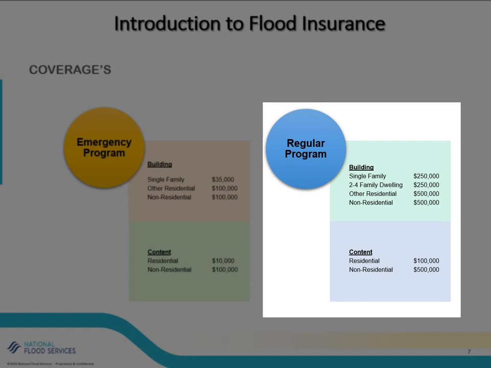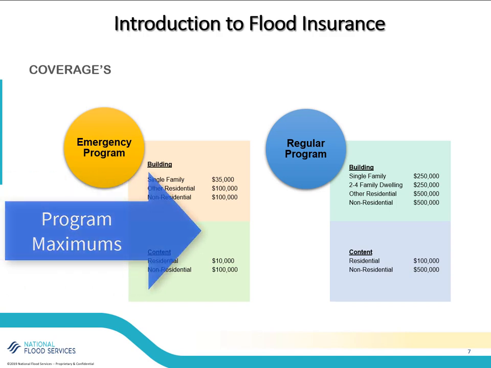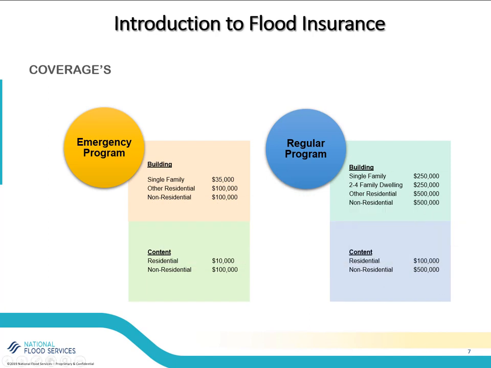Other residential structures as well as commercial structures can purchase $500,000 in building coverage and $500,000 in contents coverage. It's important to know that the flood program will never pay higher than those amounts. These are the maximums available in the National Flood Insurance Program.